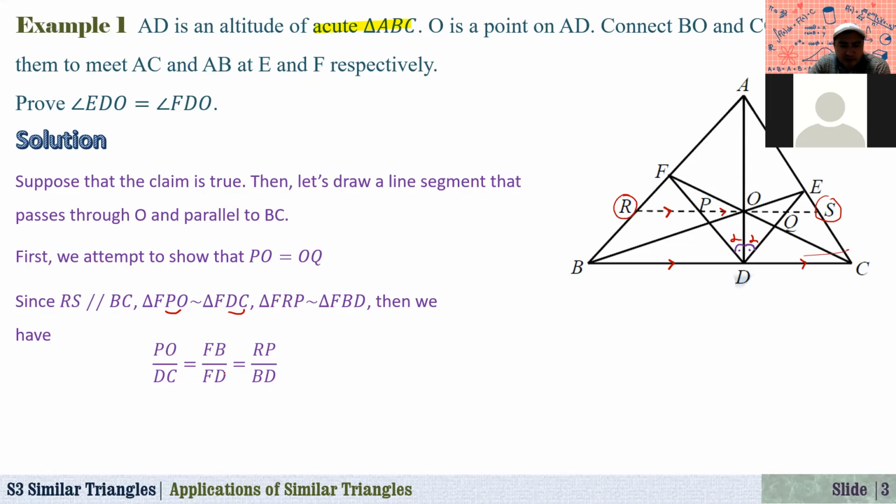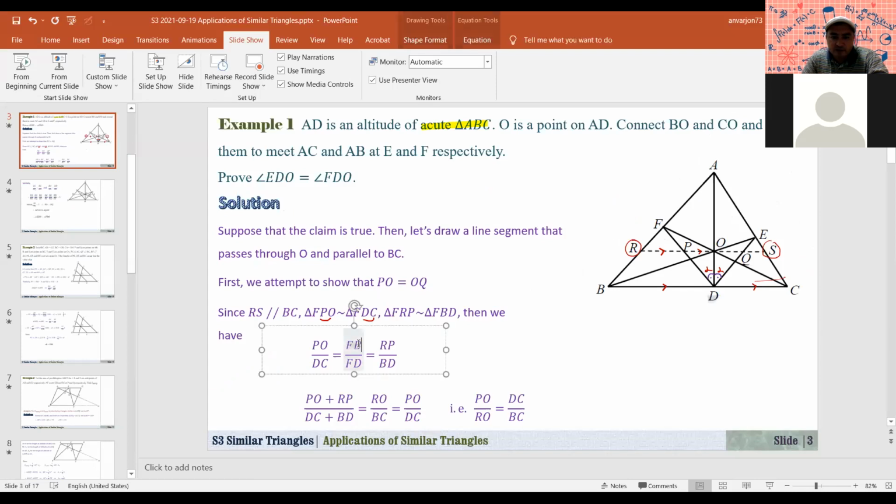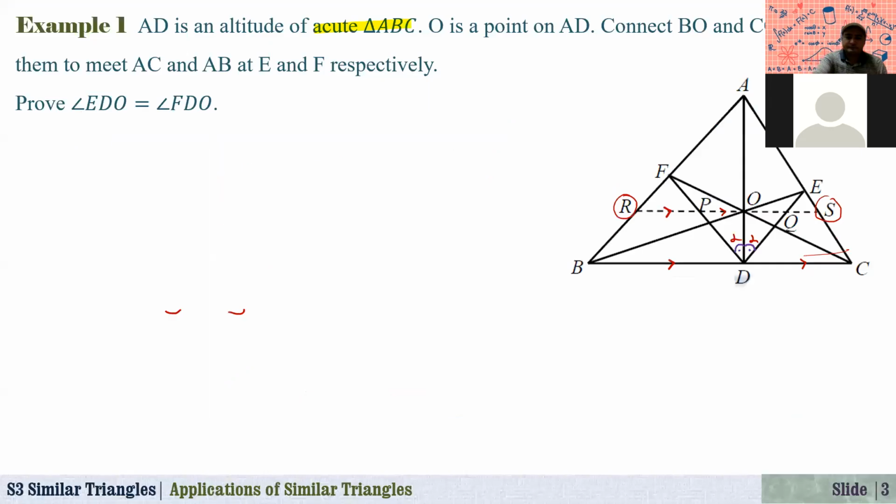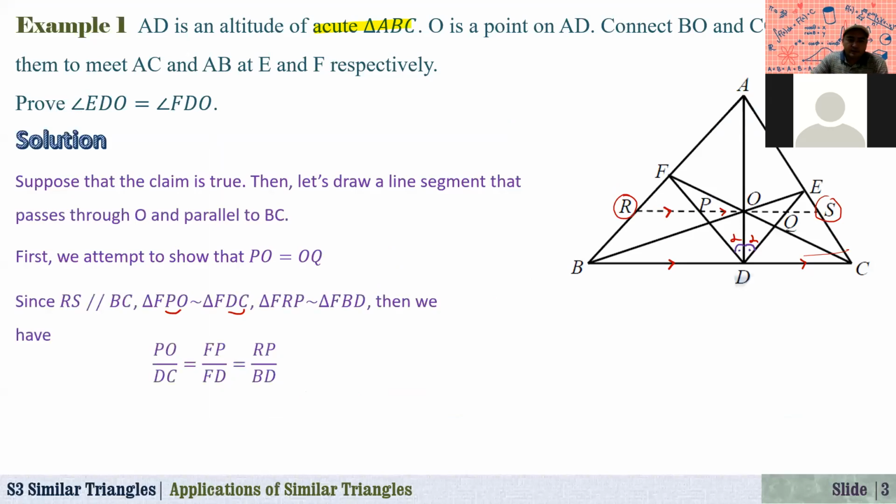That's why PO over DC equals FP over FD. Let me correct it: the middle is FP, it's not FB.